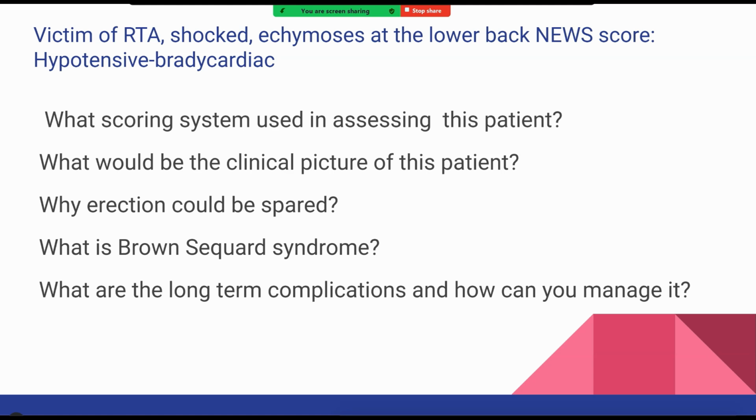Okay. So what are the long term complications that can develop in this patient after this type of injury?